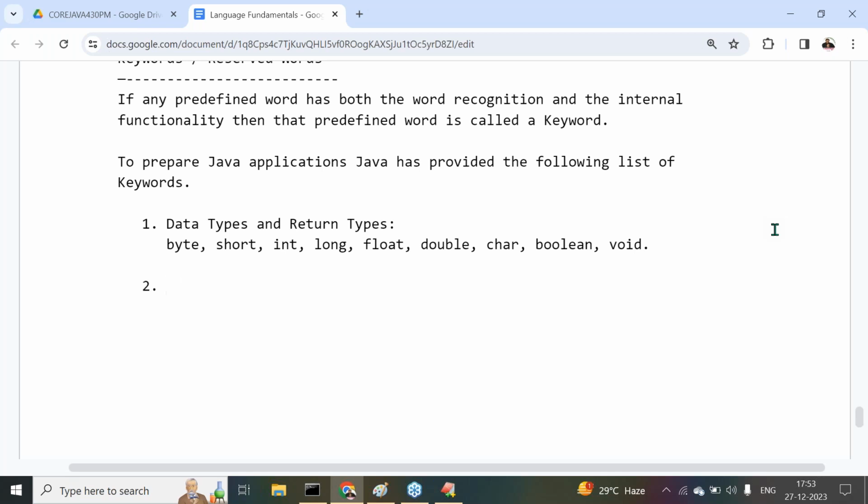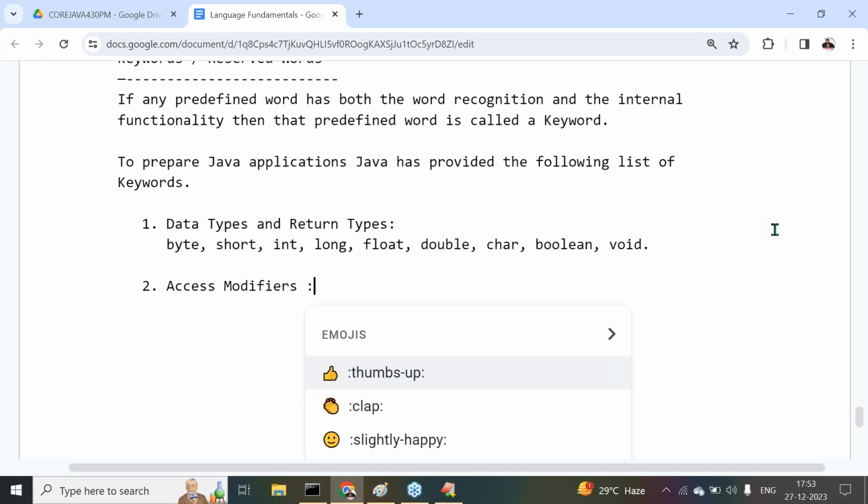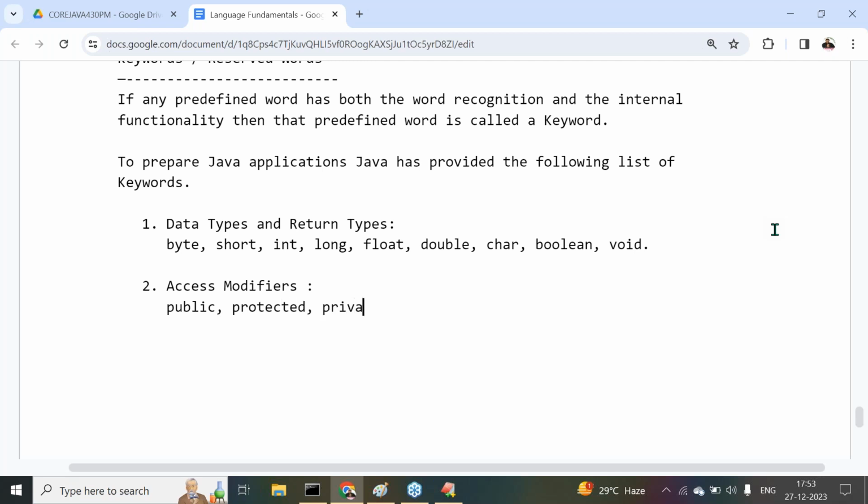Point number two, observe carefully. Access modifiers related keywords. What are the various access modifiers related keywords we have here? Public. Next one is protected, private.